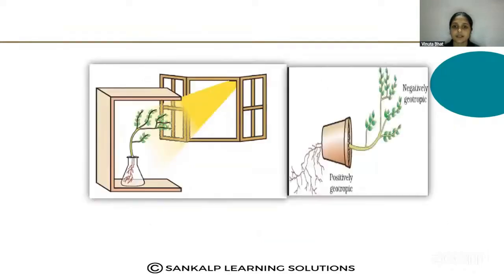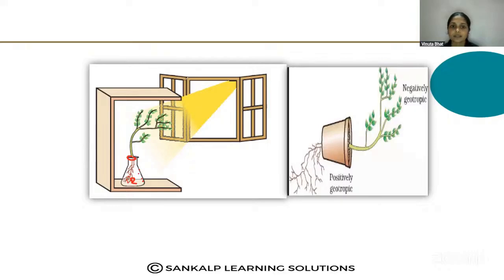Here is one more type of movement in plants, that is how the plants respond to light and gravity. Here there is an experimental setup. You put some seeds in a conical flask with some water and keep it in a dark room.